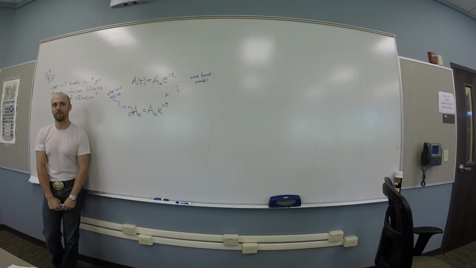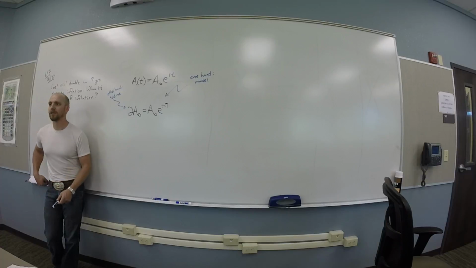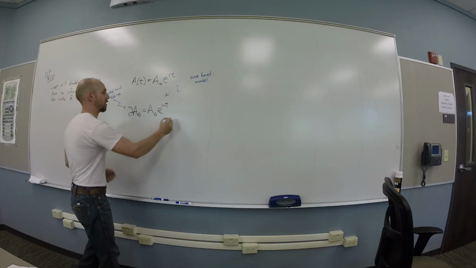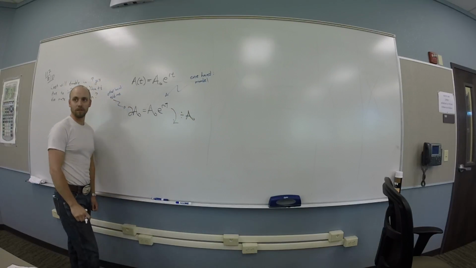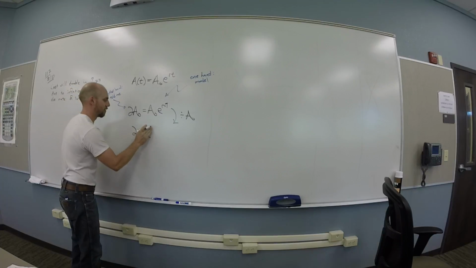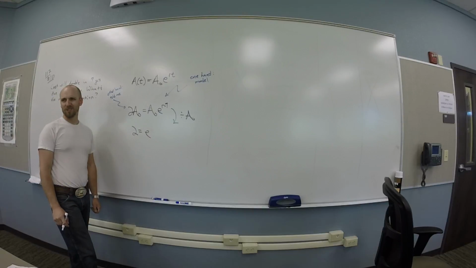All right, so here I got this. What do I do with this? Divide by A naught. Of course we could divide both sides by A naught, so I'll figure out that 2 is e to the R times 9.